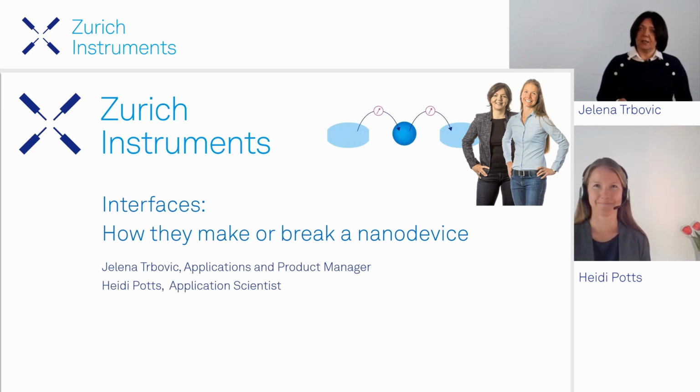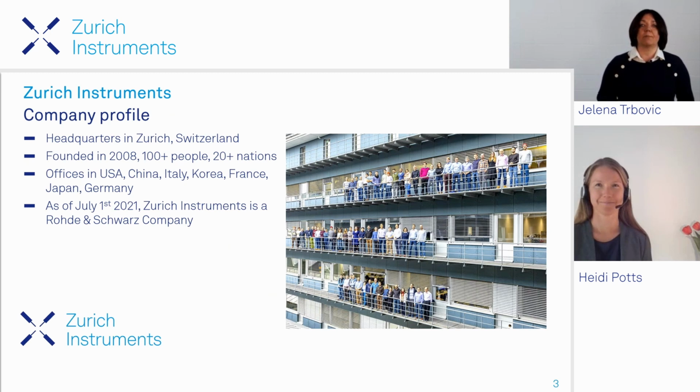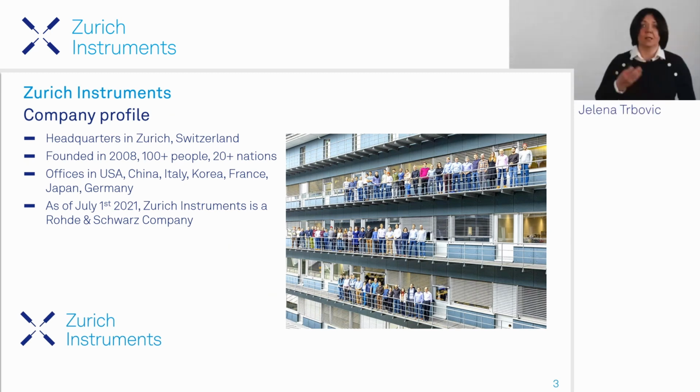We're application scientists here at Zurich Instruments, a company founded in 2008. We now have more than 100 people, and we have offices all around the world, including USA, China, Italy, Korea, France, Japan, and Germany.